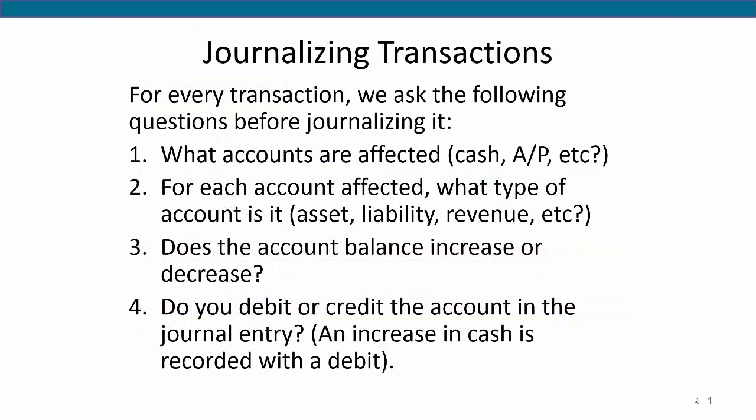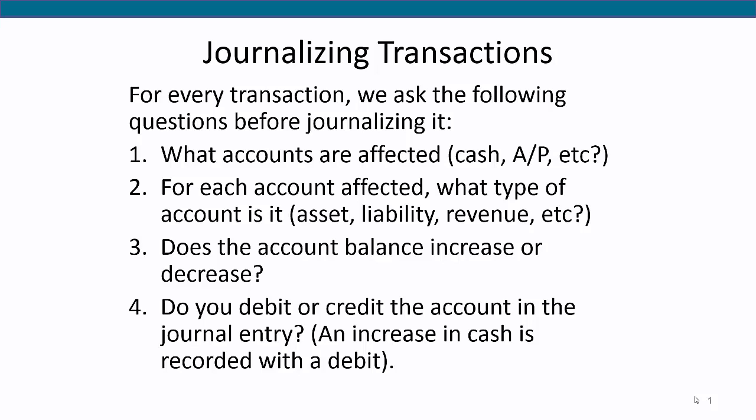No matter how much experience we have, we always ask a set of 4 questions prior to recording a journal entry. In a few weeks, this will become a subconscious process for you, but for now, it will be helpful to think through each of these steps. First, what accounts are affected? Cash, accounts payable, etc. For each account affected, what type of account is it?